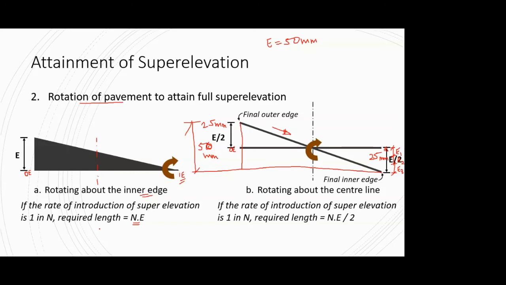If I see the advantages and disadvantages of both the methods, starting with the first method, where I had rotated my pavement about the inner edge, this method is suitable for a flat terrain.